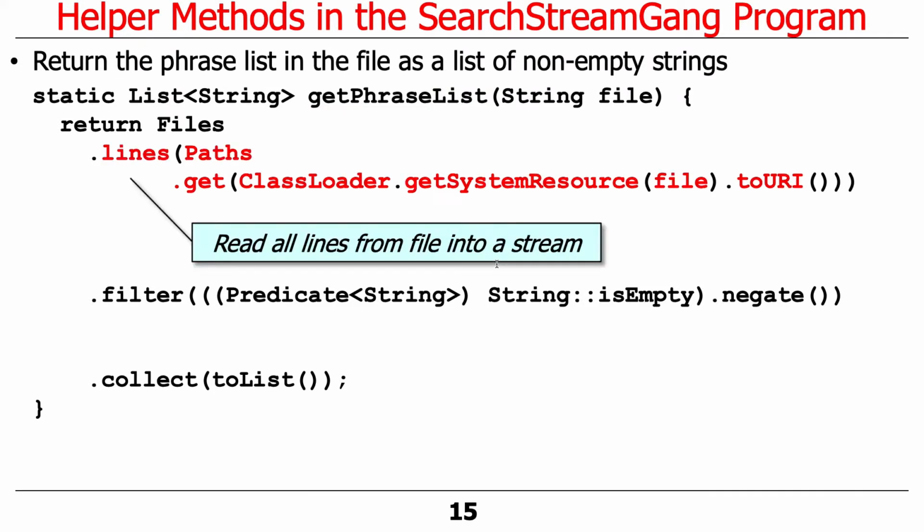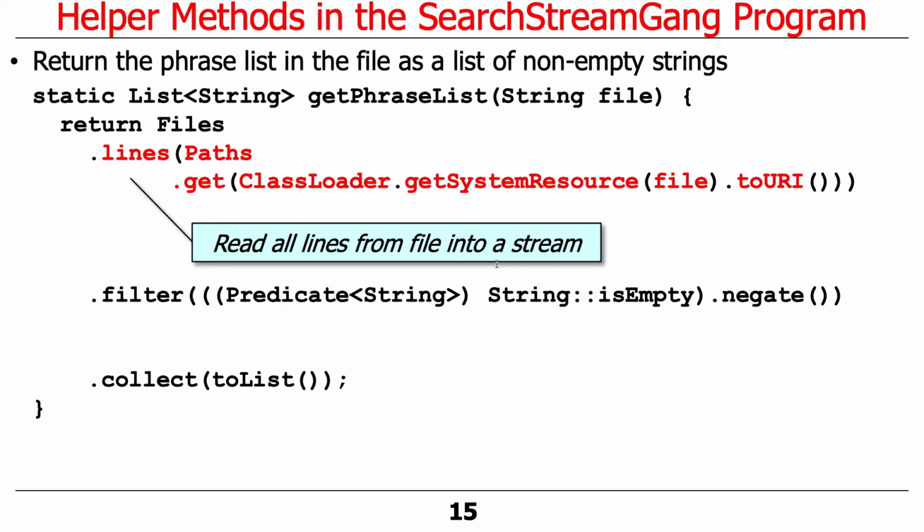getPhraseList takes a file. Once again, we go and find that file in the resources directory. And in this case, this is kind of cool. We open up the file, and then we split it into lines. Lines is a factory method that's part of the Files class that will convert the file into a stream of strings. And it does that based on newline characters. So whenever it sees a newline character, that's what it uses to consider the end of the line.